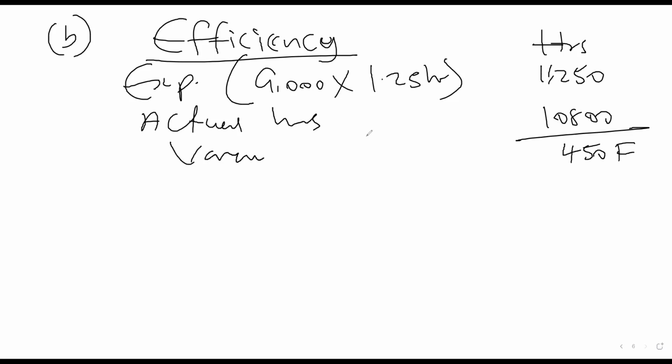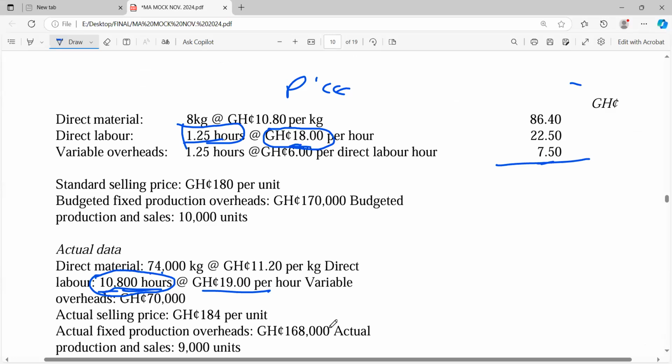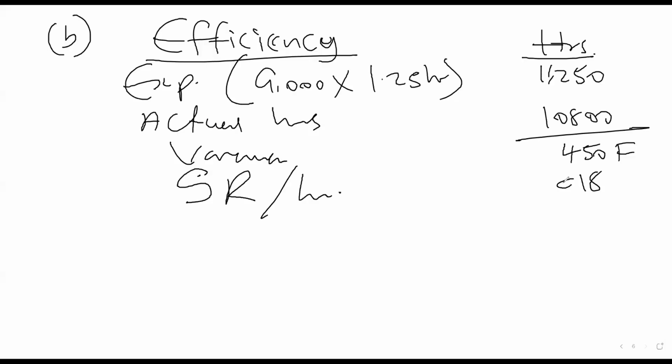It is in hours, so you have to convert this by multiplying by the standard rate per hour. Let's pick the standard rate per hour. We already have a standard rate per hour of 18.